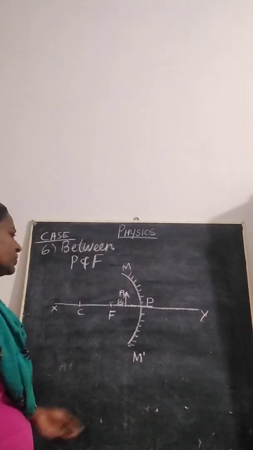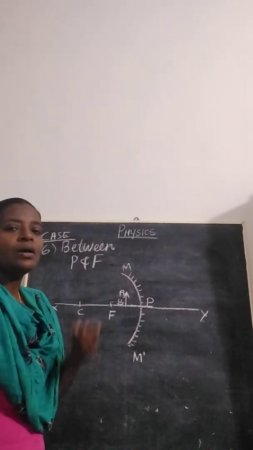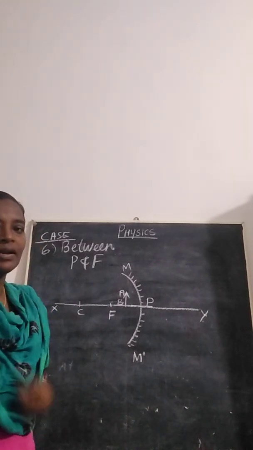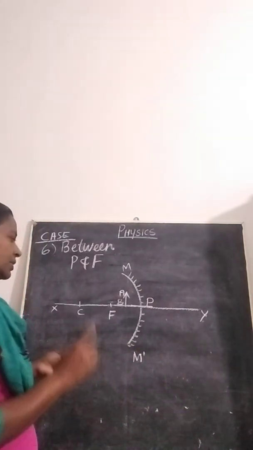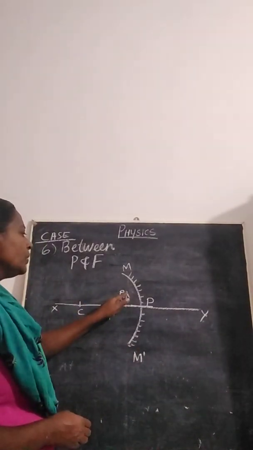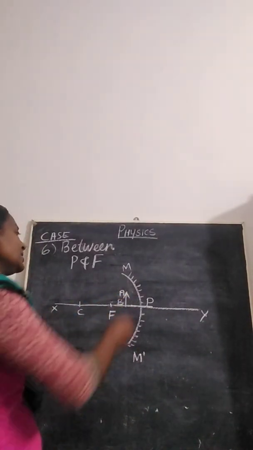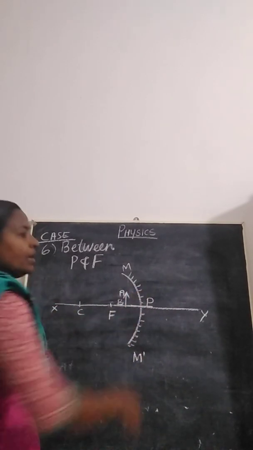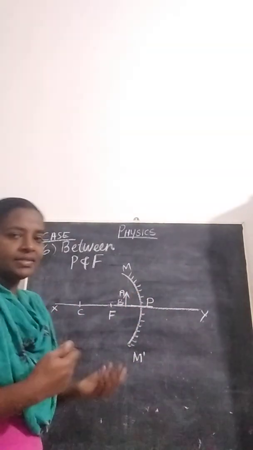Here also we are going to consider two incident rays to study the image formation. But with a small difference, I am going to consider a ray that makes some angle with the principal axis. I can consider any type of incident ray.